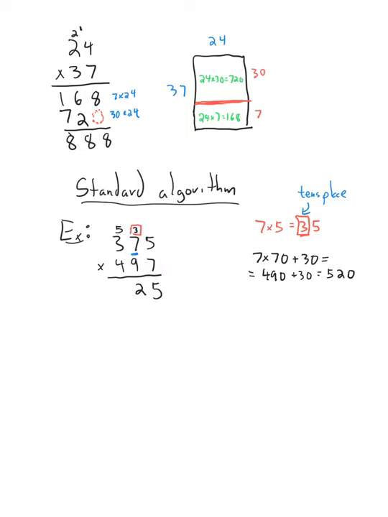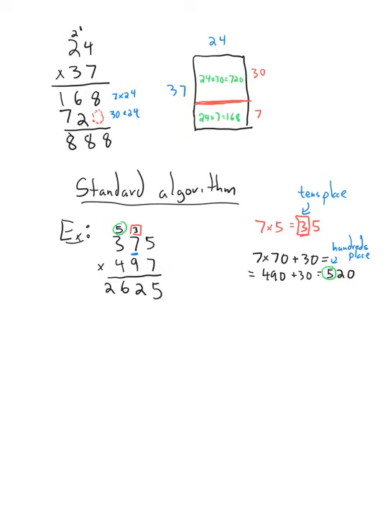So this 5 is, of course, in the hundreds place. So this 5 here stands for 5 hundreds. And finally, we keep going. 7 times 3 is 21, plus 5 is 26, but it's really 7 times 300 is 2100, plus 500 is 2600.